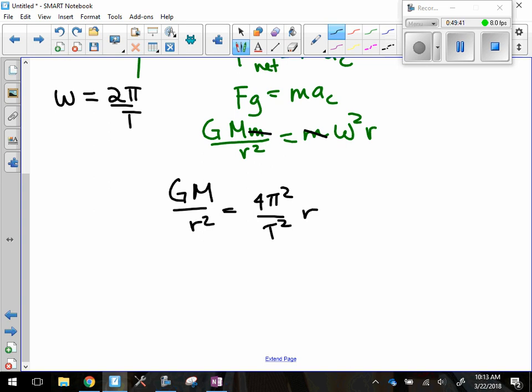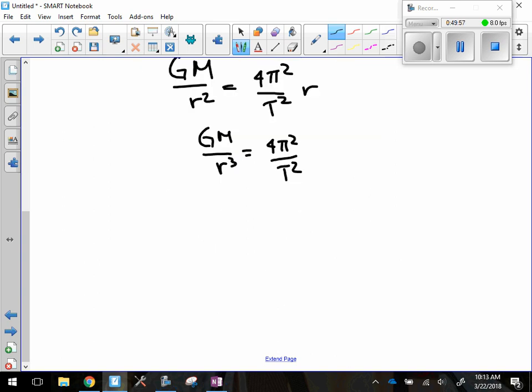Well, remember I said that T squared and R cubed were proportional to each other. So what I'm going to do is bring this R over here for starters. So I'm going to have GM over R cubed is going to be 4 pi squared over T squared. And then I'm going to write it 2 different ways. I'm going to write it as T squared over R cubed is equal to 4 pi squared over GM.